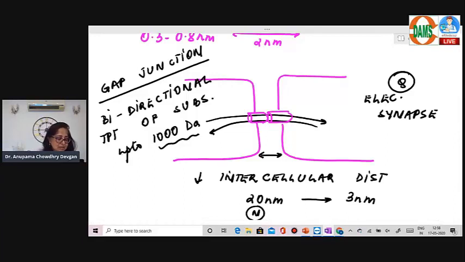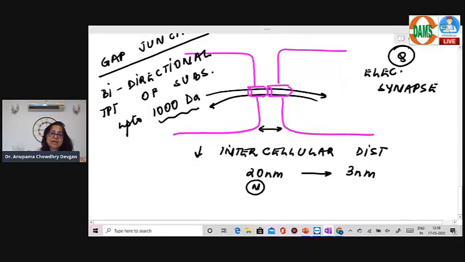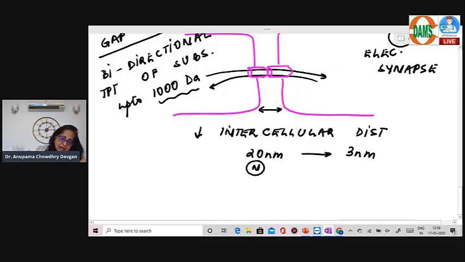Intercellular distance means the distance between the cells. Connexons of two cells are aligned with each other and form the electrical synapse, and remember, through an electrical synapse, bidirectional movement is possible. A connexin mutation gives rise to an X-linked disorder.